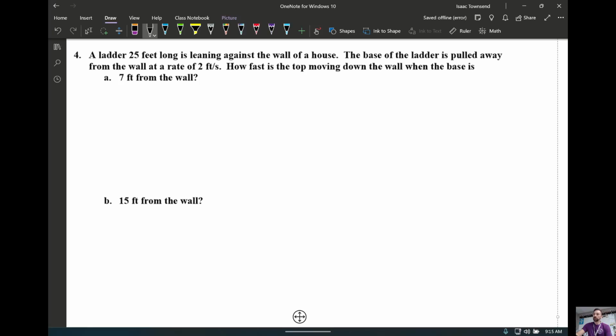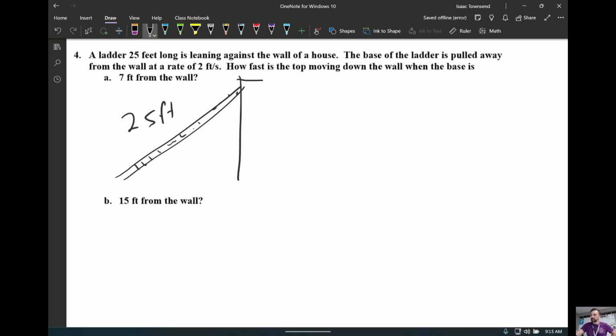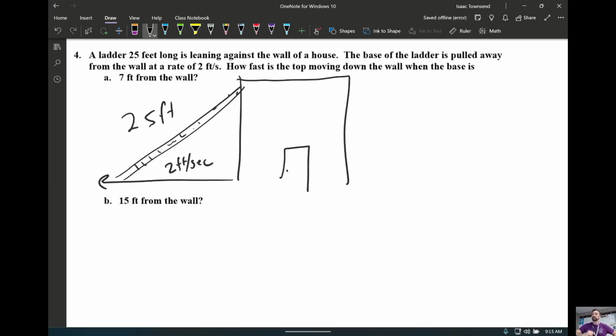We've got a 25-foot ladder that's leaning against a house. The base of the ladder is being pulled away or falling or whatever at 2 feet per second.